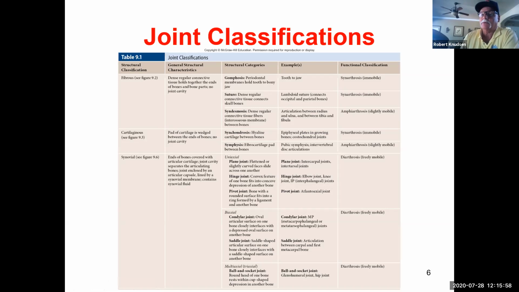You see? So I'm going to go through fibrous, and these three examples, which are subcategories. Then I'll do cartilaginous, and these two subcategories. Then I'll do synovial, and this will have a whole bunch of stuff on it. Do you understand? Okay, here we go.